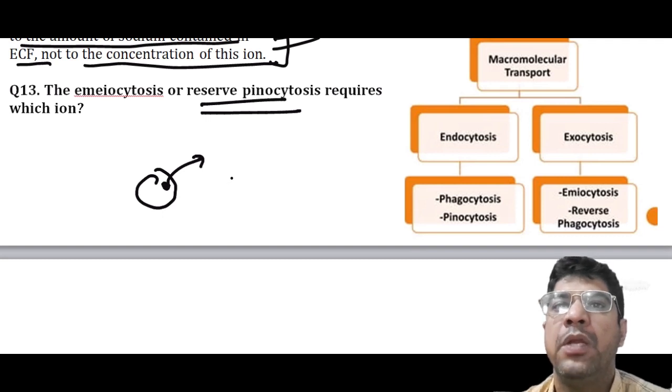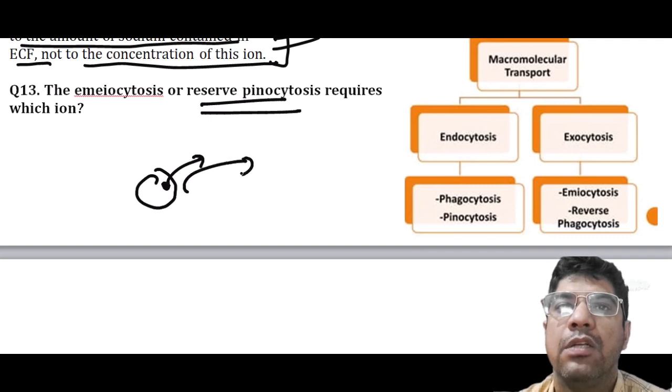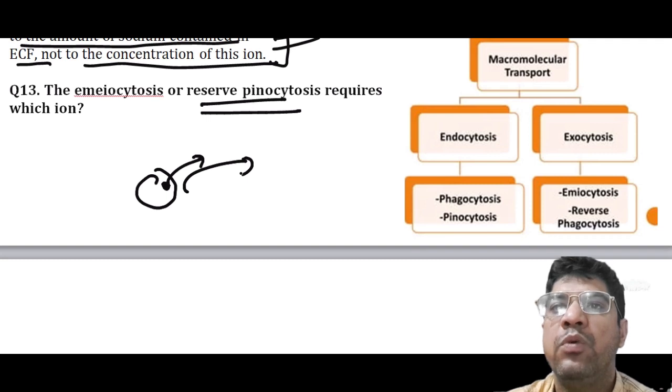In normal pinocytosis, the cell brings things into the bubble, but in reverse pinocytosis, it pushes things out. The cell membrane, like the outer layer of the bubble, fuses with the vesicle covering.